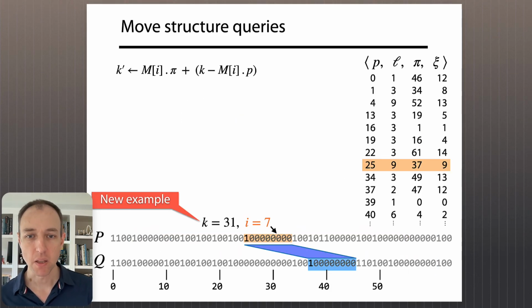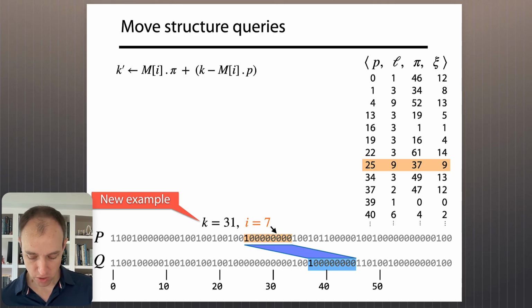So new example. Let's say we're trying to permute this time k equal 31, offset 31, which is in run I equal to 7. And I've highlighted run 7 in the table over here. So here we've got run 7 highlighted. So we know what to do first. We can compute our new k prime quite easily. We just have to take the offset that is the permutation of the run head and then add how far we are in from the run head.